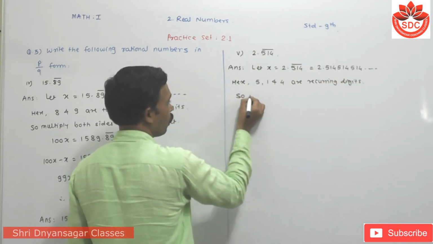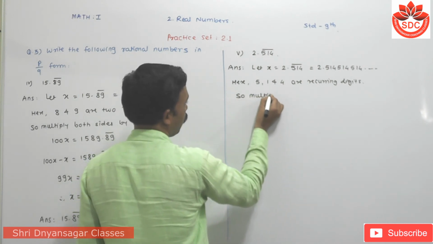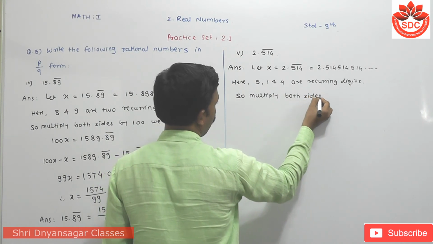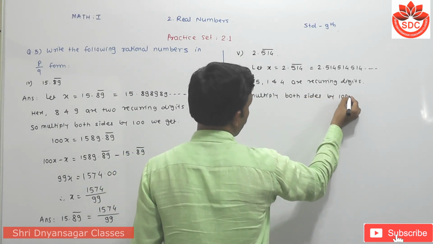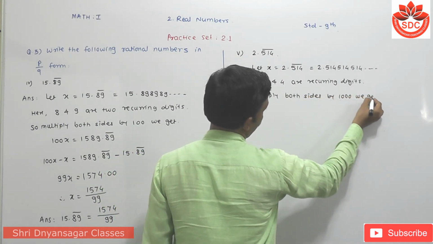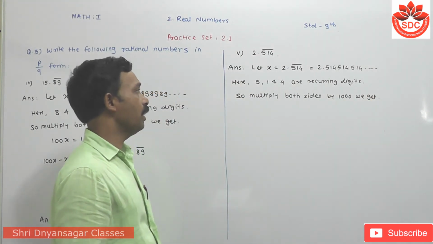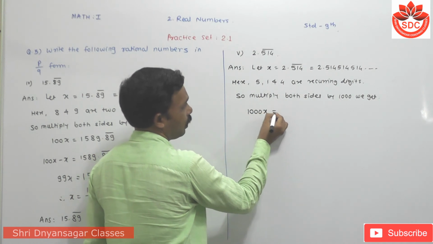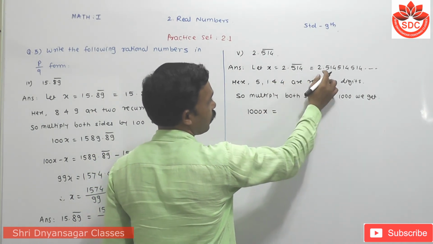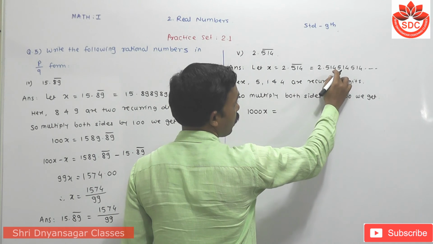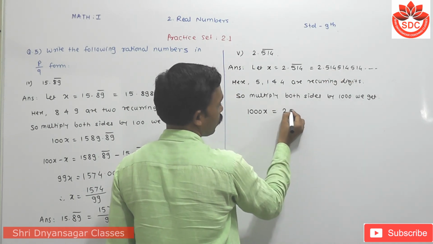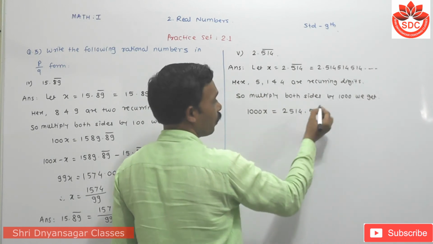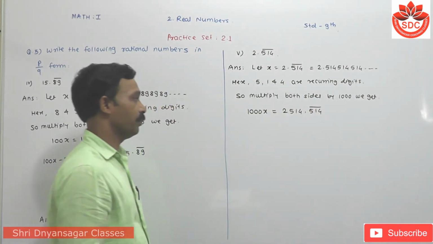So multiply both sides by 1000, we get. Student, when we multiply it by 1000, it becomes 1000x is equal to 2514.514 recurring, as the decimal point moves.